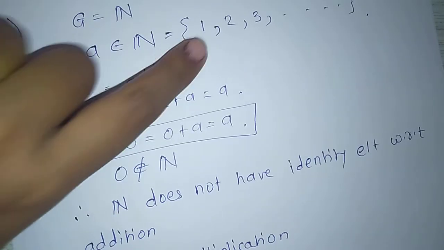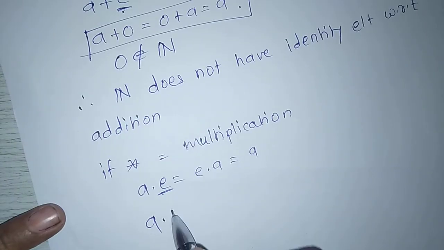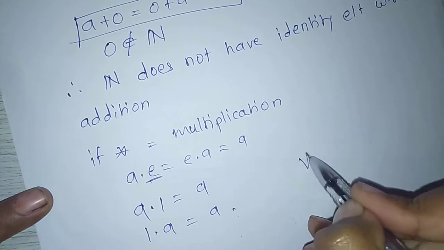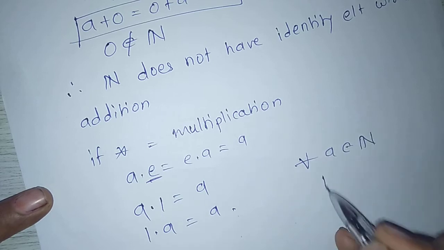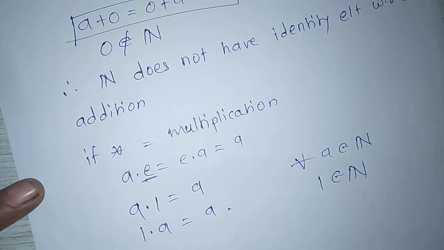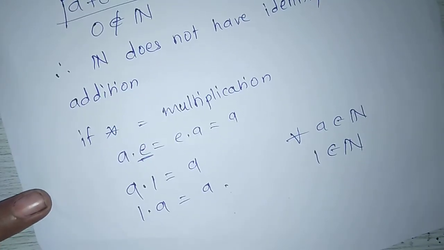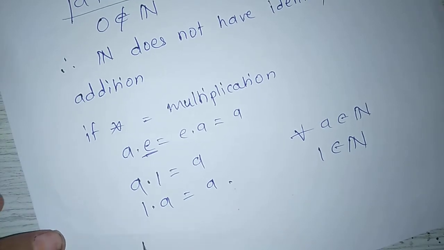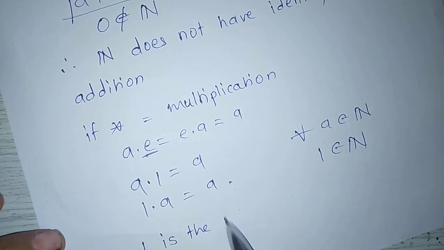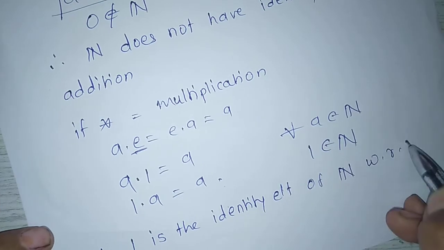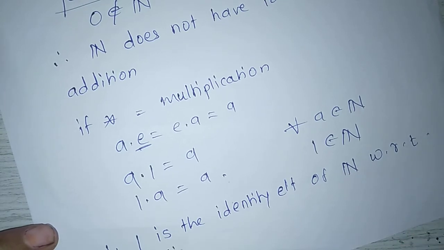Here 1 belongs to natural numbers, also a into 1 equal to a, 1 into a equal to a for all a belongs to natural numbers. The identity must belong to that set. Therefore, 1 is the identity element of natural numbers with respect to multiplication.